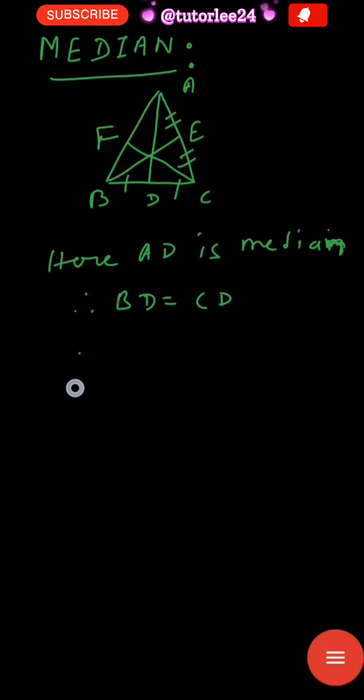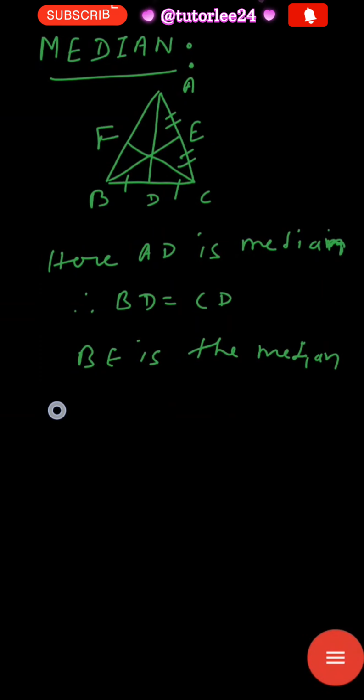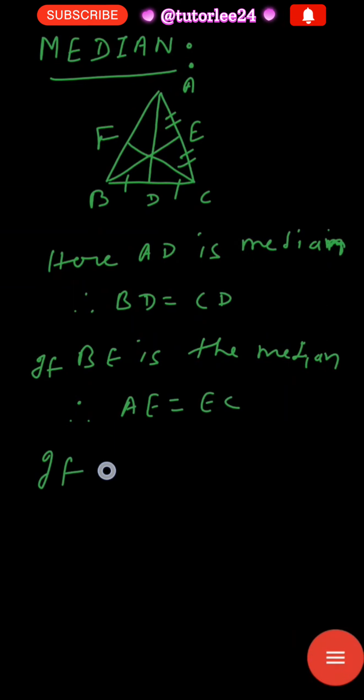Here AD is the median, in the same way BE is the median. If BE is the median, then AE is equal to EC. In the same way, if CF is the median, then BF is equal to AF.